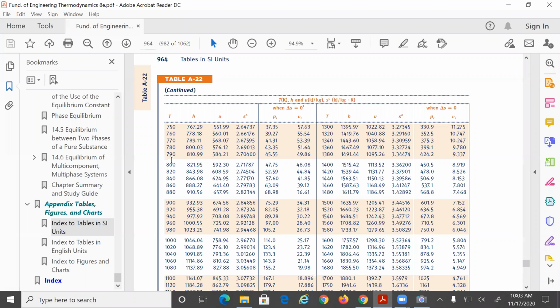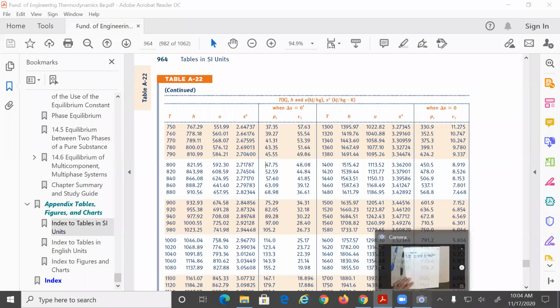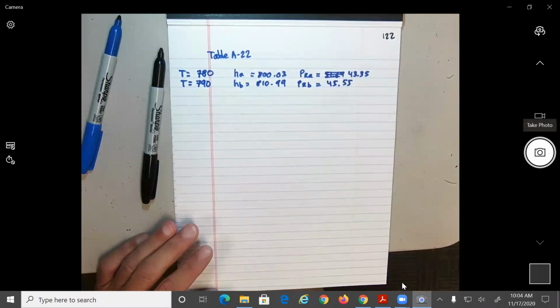P sub R A in that case will be 43.35, sorry. And P R sub B would be 45.55. So basically that's what I have from table A22.